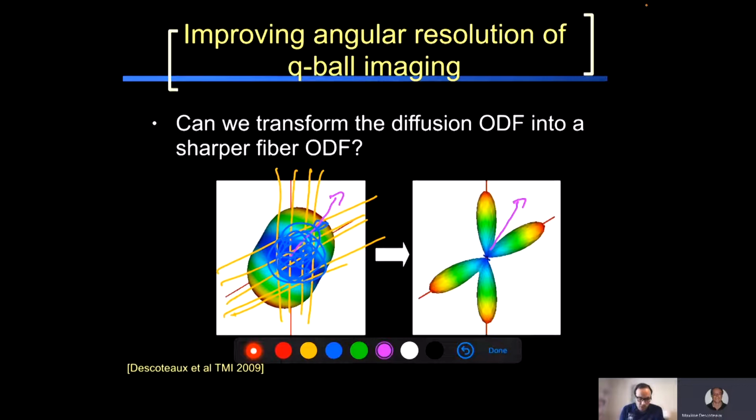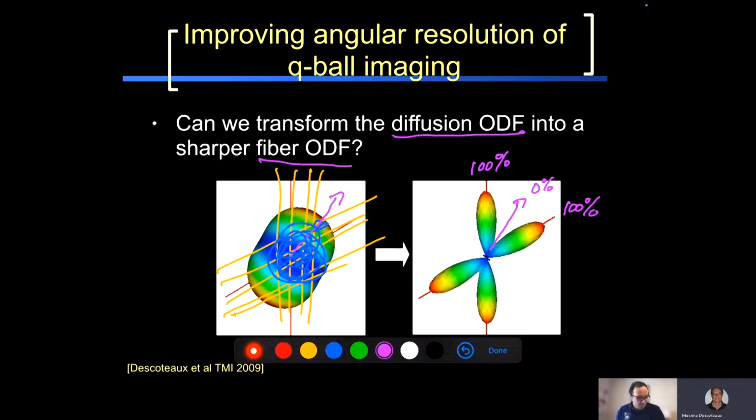It's a little subtlety, but it's basically 0% here, right? The likelihood of having a fiber. Here, the fibers are almost 100% in this direction and 100% this direction. And this is the difference between a diffusion ODF and a fiber ODF.